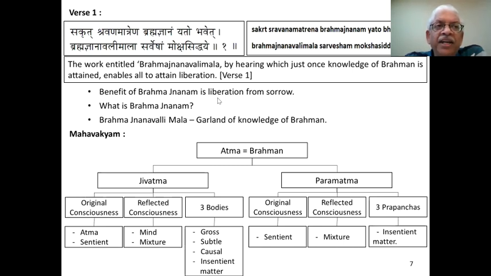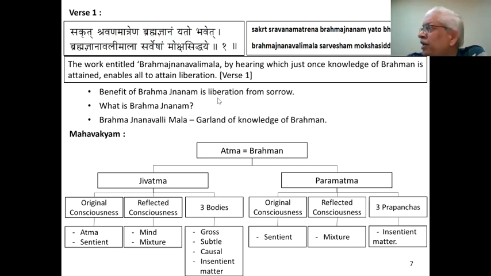The body in which we dream is the subtle body. The body in which we see the entire universe in a gross form is the gross body. So our experience in life is through these three bodies. And whenever this consciousness is reflected in these three bodies, the universe is seen.